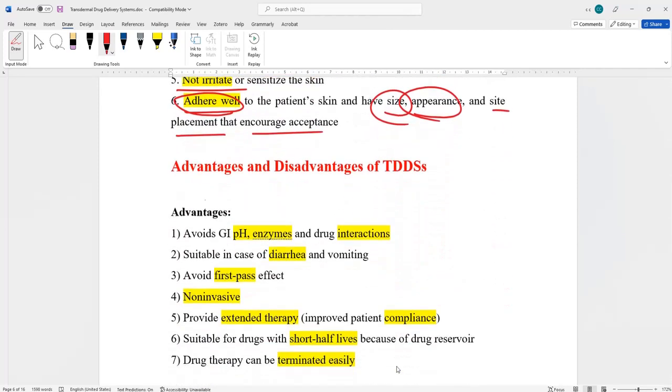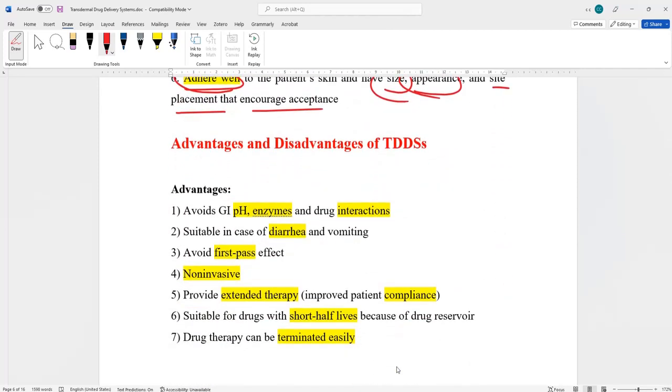Okay? But what are the advantages and disadvantages of transdermal drug delivery systems? One, you are avoiding the drug getting into the GI where, you know, there is a problem of pH, there is a problem of enzymes. If you take more than one drug together, you might have some interactions between them.